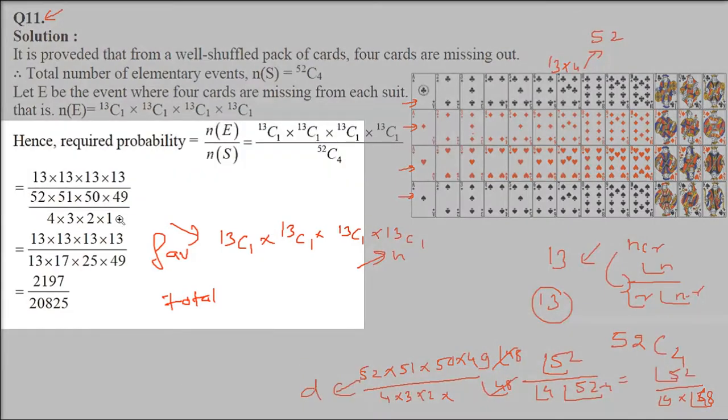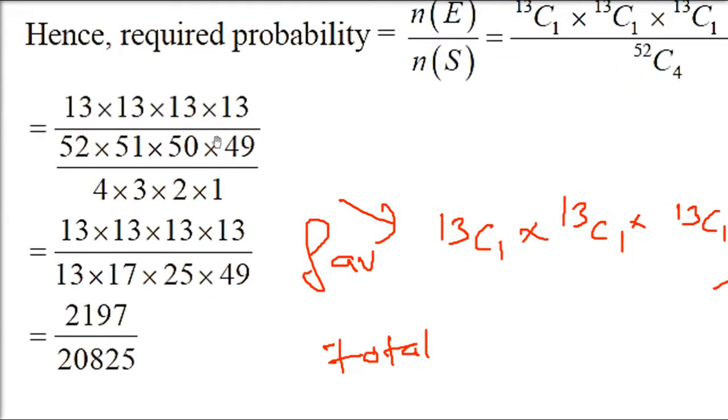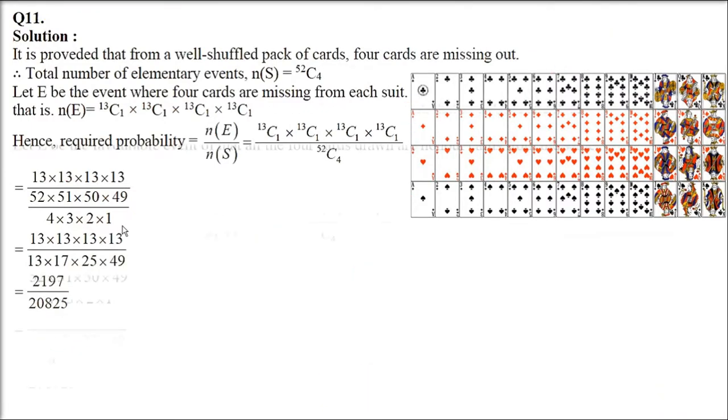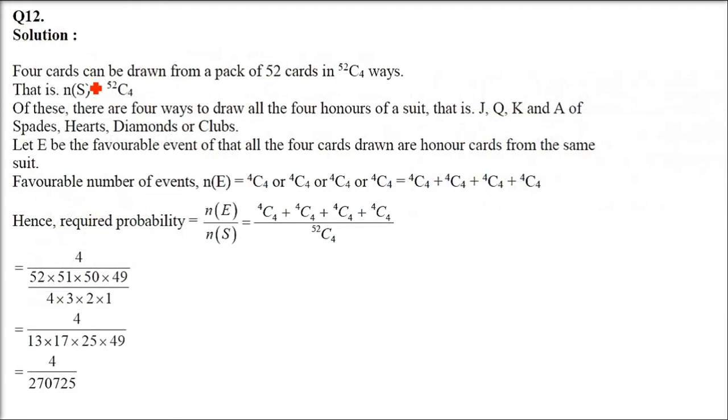So it is 13C1 multiplied 4 times divided by 52C4. This is the whole computation, and this is the final answer. So 2197 by 20825 will come.